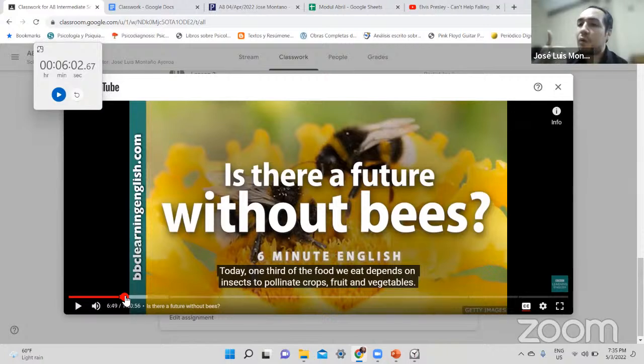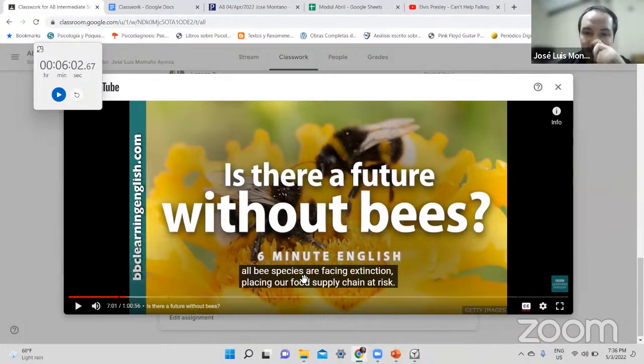You can grow corn and a lot of other things. Insects in general, not only bees, pollinate crops, fruit, and vegetables. To pollinate. Then this is something else: facing extinction.